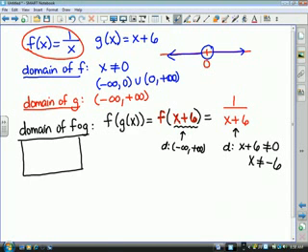Okay, I think that she did have 1, 2, 3, 4, 5, right? So what this is basically saying is, I can plug anything in here I want to, but you can't plug negative 6. So guess what the domain of the whole thing is? Everything but negative 6. So that's the answer.